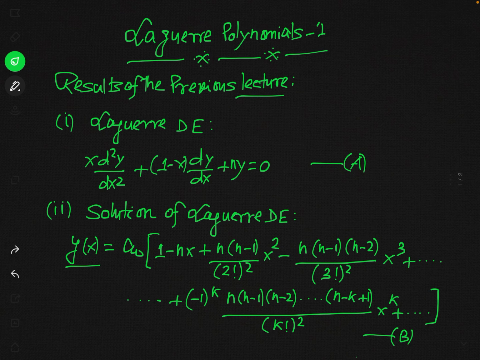The solution of this Lagrange differential equation defined in equation A was found to be y of x equal to a naught times 1 minus nx plus n times n minus 1 over 2 factorial square x square minus n times n minus 1 times n minus 2 over 3 factorial square x cube plus so on, and the kth term can be written as plus minus 1 raised to the power k n times n minus 1 times n minus 2 so on n minus k plus 1 over k factorial square x raised to the power k.